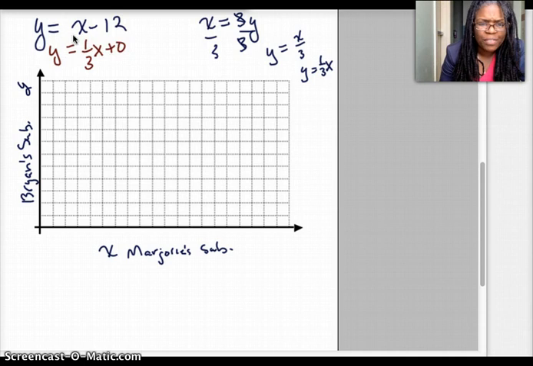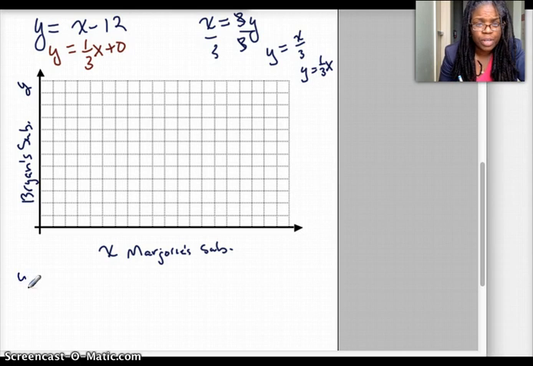What I realize is, as I have Y equals X minus 12, I can't go to the negative 12 and then go slope up as I'd like. So I'm going to have to be a little bit creative. The reality is I only need 2 points to create a line. Since I didn't have the negative portion to graph that y-intercept, I'm just going to choose values that are going to work for what I need.